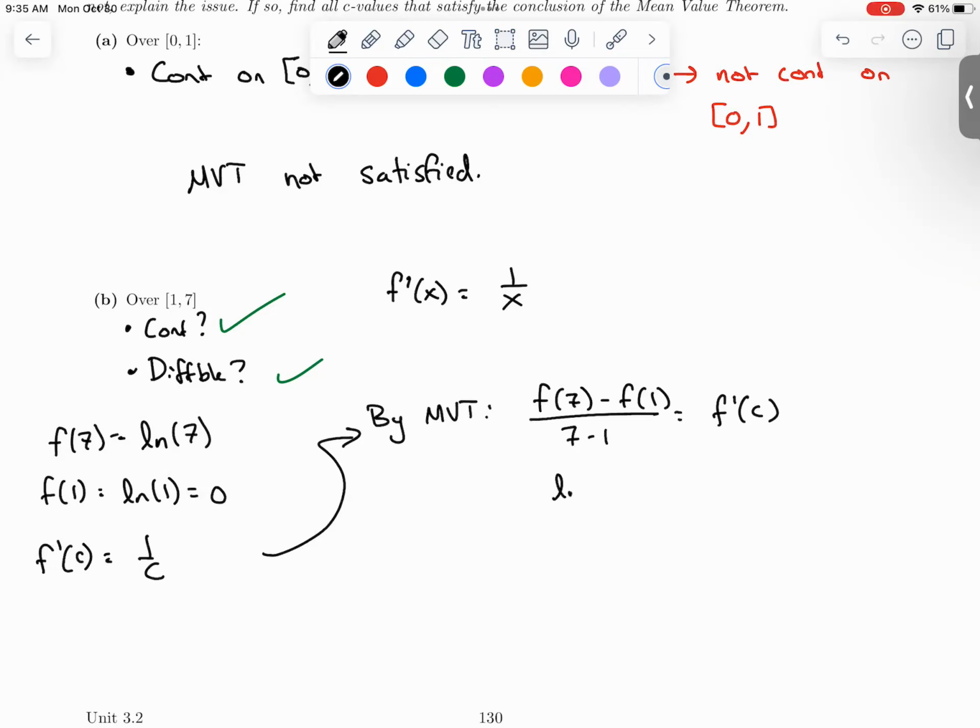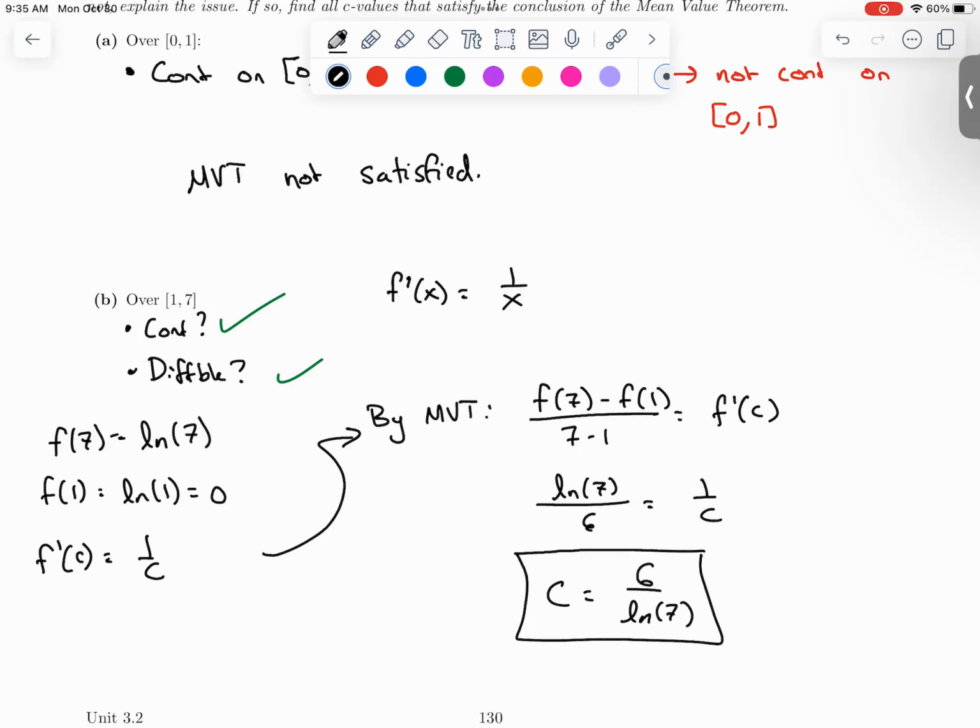That's going to be natural log of 7 over 6 is equal to 1 over c, which tells us that c is equal to 6 over natural log of 7. I guarantee you, if you plug 6 divided by natural log of 7 into your calculator, it is 3.08, roughly. So that is a number in our interval.